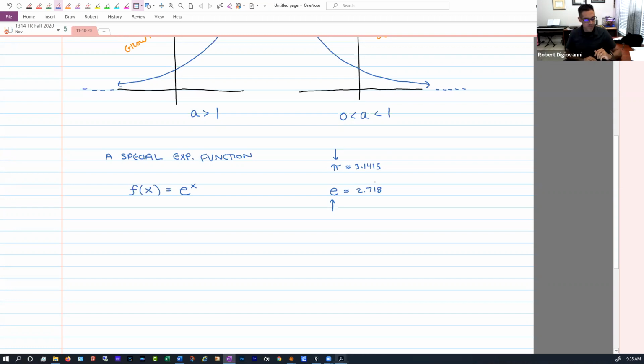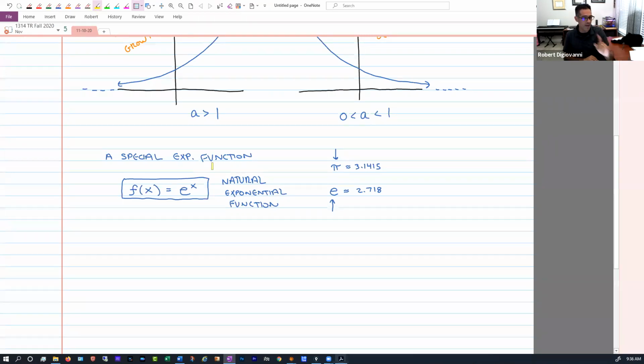When you look at this very special function, f of x equals e to the x, we call this the natural exponential function. I won't get too much into the history of this function other than to tell you that we, meaning human beings, were looking for a function that behaved a certain way, and we discovered it, and this was the one.